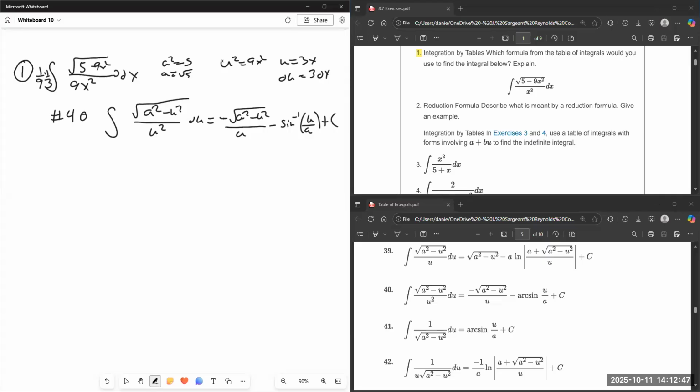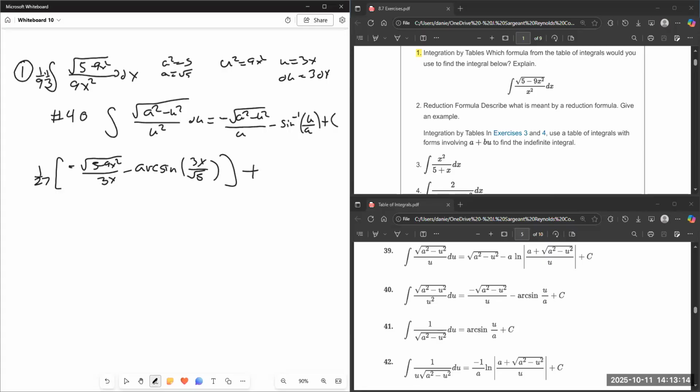I don't think I need to actually finish this up, but since I did here, let's go ahead and show you. This would be 1/27 times the result of the formula here, which would be a negative root 5 minus 9x squared over 3x minus arc sine of 3x over root 5.